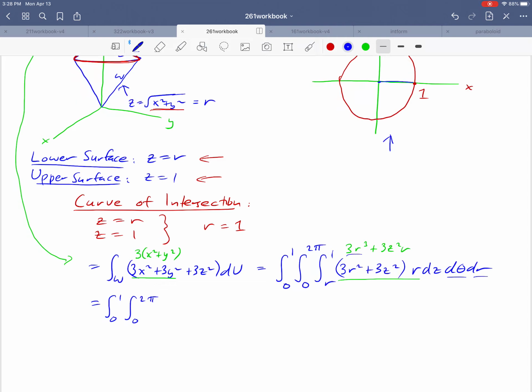So this first term is going to turn into a 3r cubed z, since 3r cubed is constant with respect to z. And then if we integrate the 3z squared r, that 3z squared is going to integrate to z cubed times r. Then we have to plug in our z limits, which are 1 and r, and we've still got a d theta dr to take care of.